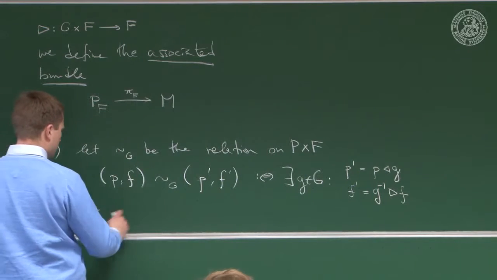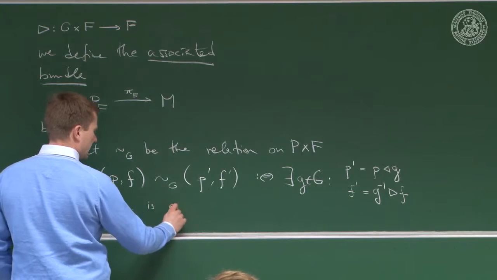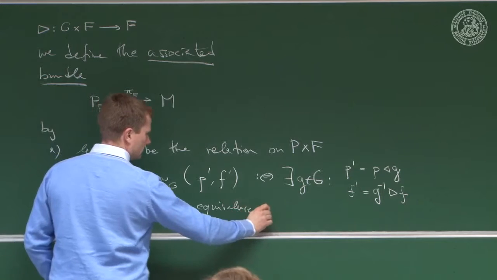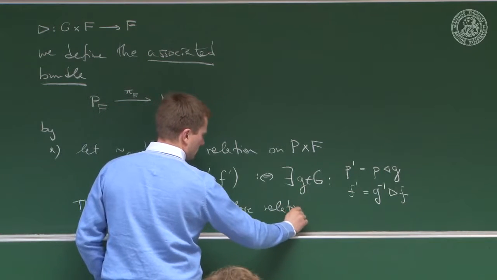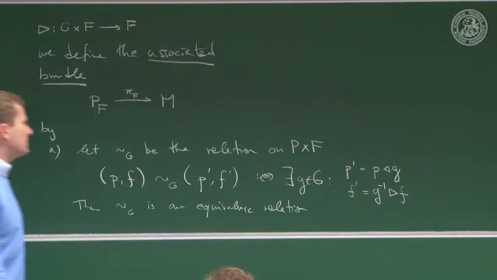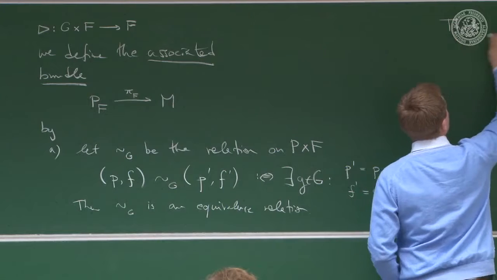Then you can quickly see that this ~_G is an equivalence relation. And it being an equivalence relation, we can thus consider the quotient space.